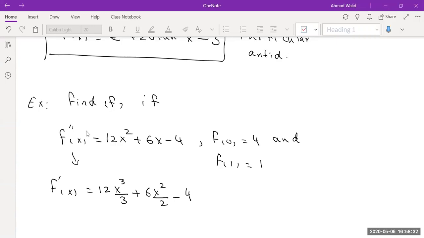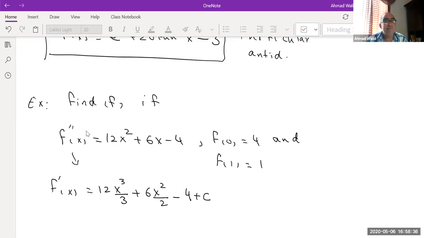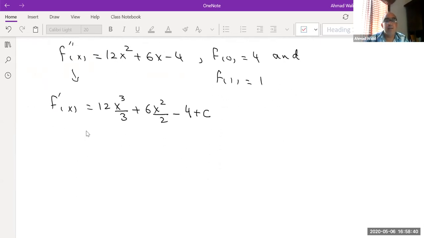Plus c. That's important. Let's simplify. Then f prime x equals 12 divided by 3 gives you 4x cubed, plus 6 divided by 2 gives you 3x squared, minus 4x plus c.